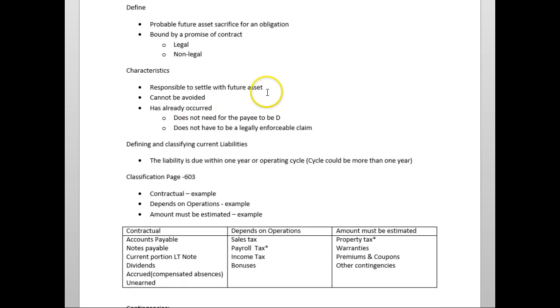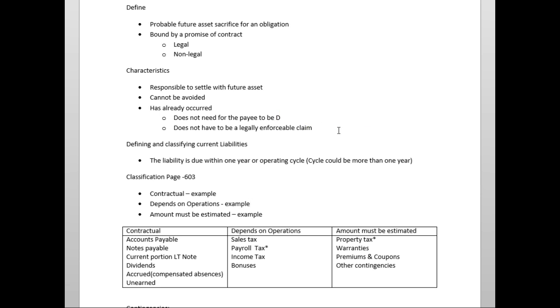Then the characteristics of a liability involve responsibility to settle it with a future asset. The obligation cannot be avoided, and usually the obligation has already occurred. The obligation does need to have a payee for it to be identified, and it doesn't really need to be legally enforceable.